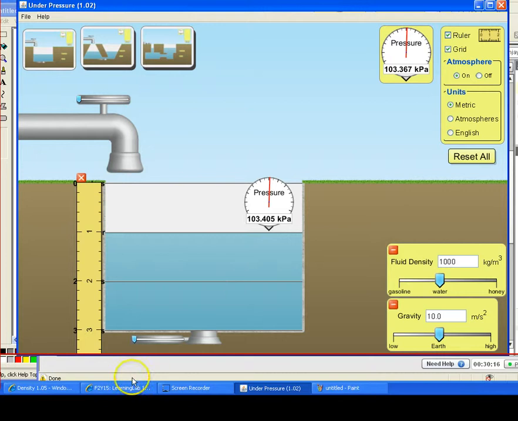You need to add something, you need to take away something. Remember, it's 0.012 kilopascals per meter of air and 10 kilopascals per meter of water. So when I take this pressure gauge to the 2-meter mark, what should the new pressure be? When there was only air, the pressure was 103.418. Can you estimate this for me?